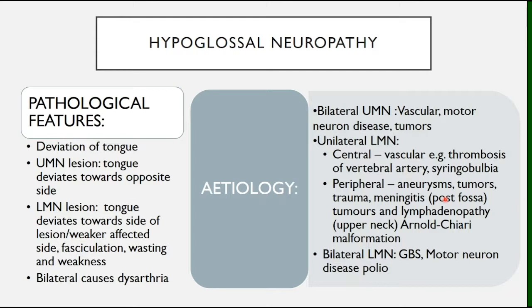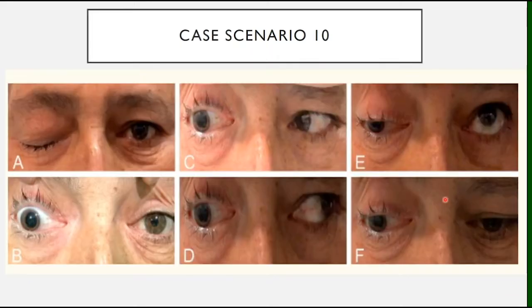So if one gets affected, usually both get affected, and most of the time it's both nuclei involved. And if it's bilateral, then you get the dysarthria. And if it's upper motor and bilateral, then you would get a very spastic tongue. It will not even be moving. Okay. The last one.